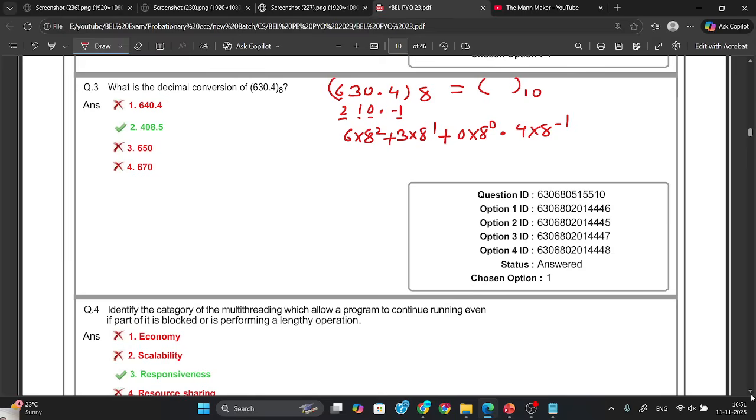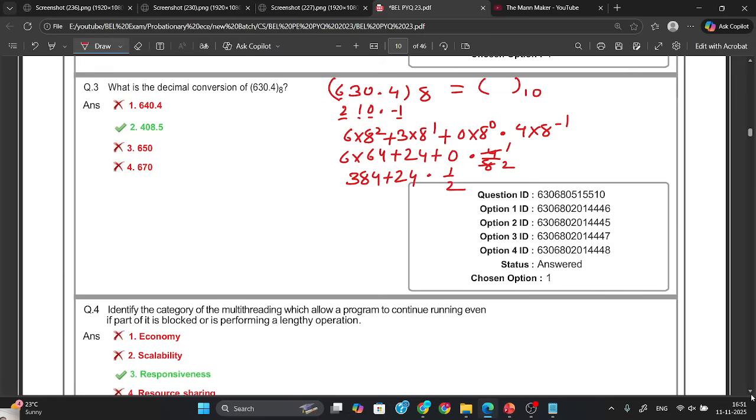Now you need to solve this one. So 6 into 64, plus 24, plus 0, and the fractional part 4 by 8 we can write like this. 64 into 6 is how much? 384, plus 24, and the fraction we can simplify, so this is 1 by 2.